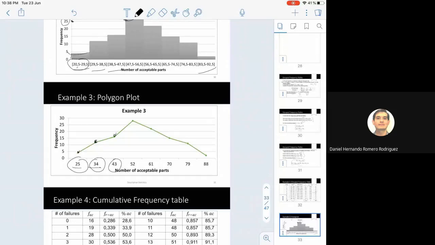We locate those dots using as the x-axis the midpoint or class mark. That's how we call it. In Spanish it is marca de clase. So once we have the class marks, we plot the dots, and then we draw a line so we can check if there are some trends in our data.